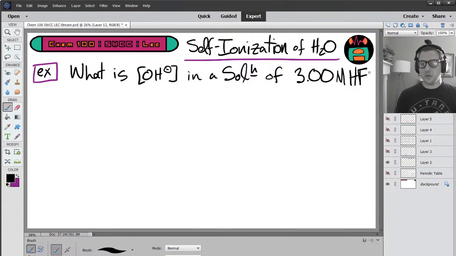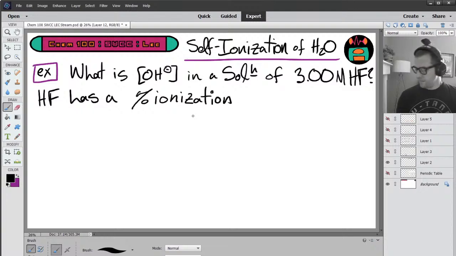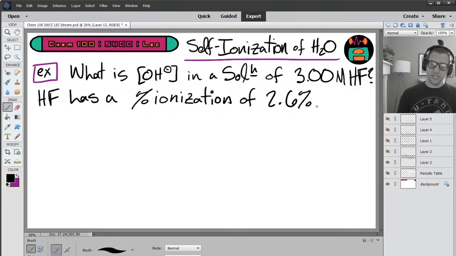That's not a period, that's a question mark. HF has a percent ionization of 2.6%. All right.